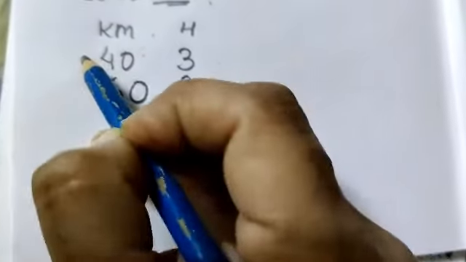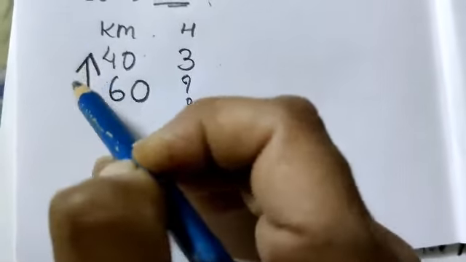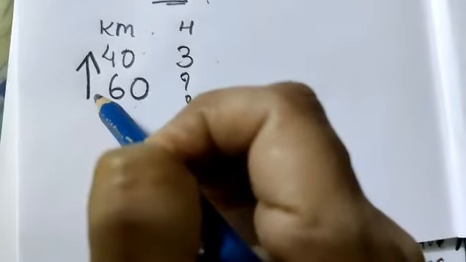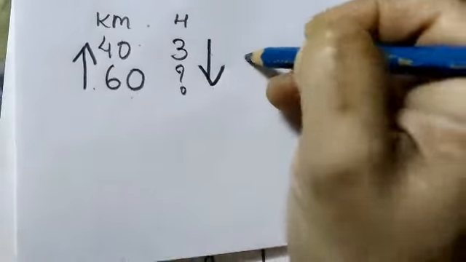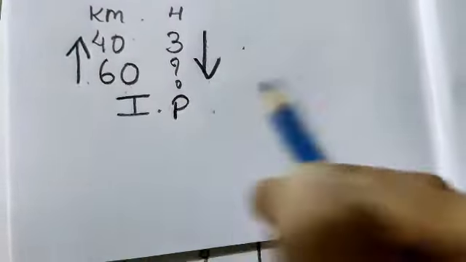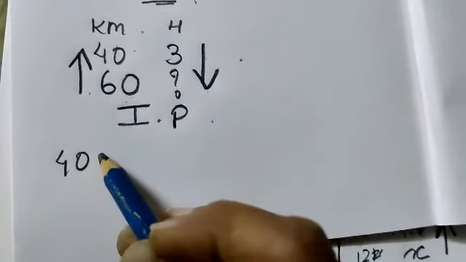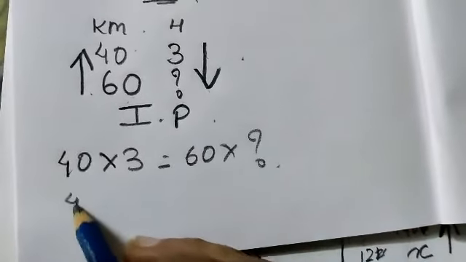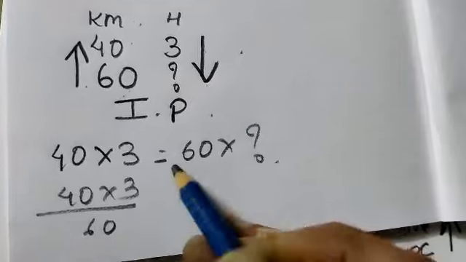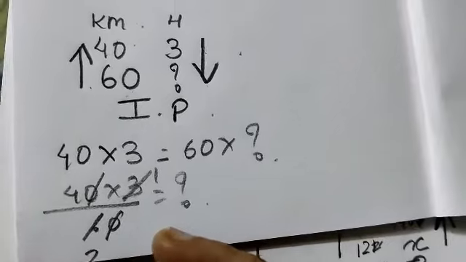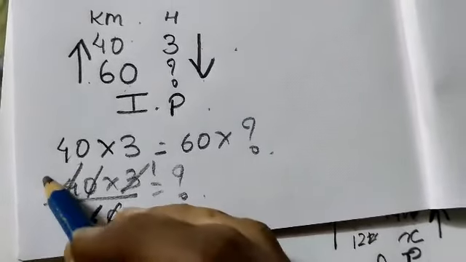If the speed, kilometers per hour, increases, then we will come back in less time because the speed has increased. Correct? So it is inverse proportion. For inverse proportion, what do you do? 40 into 3 is equal to 60 into question mark. So 40 into 3 upon 60 is equal to your answer. 3 twos are 6, 2 ones are 2, 2 twos are 4.